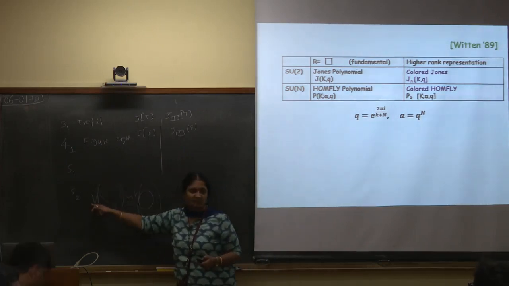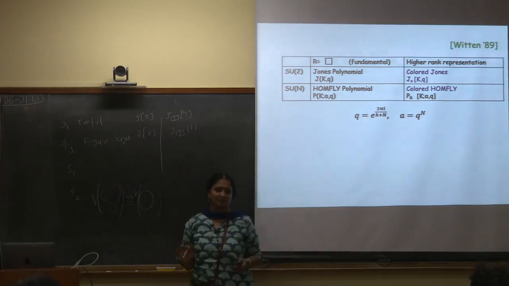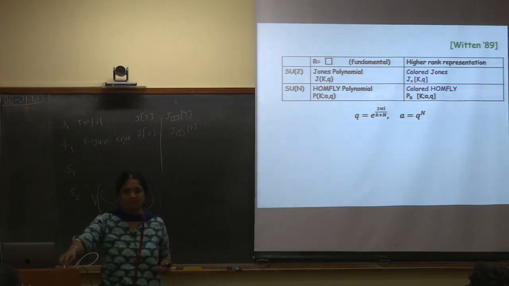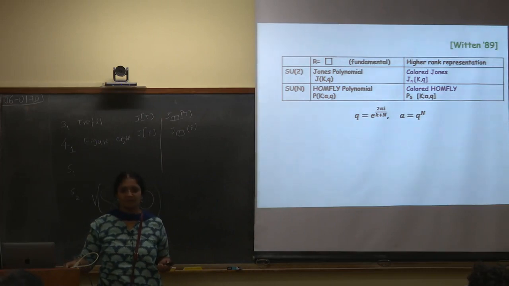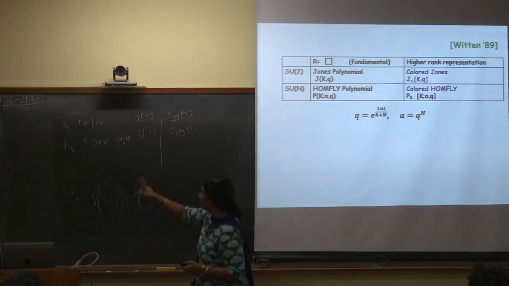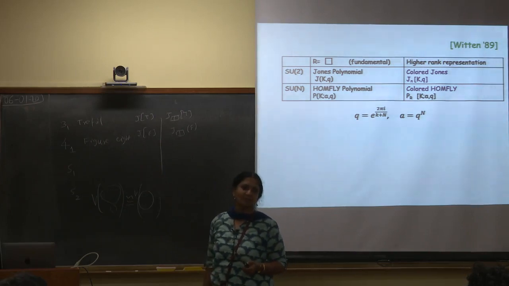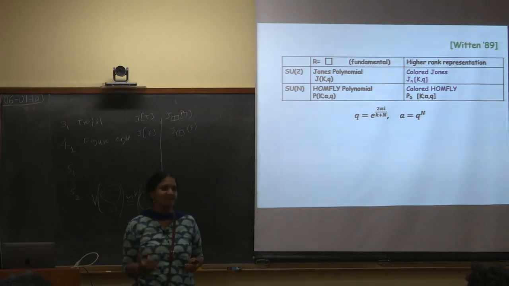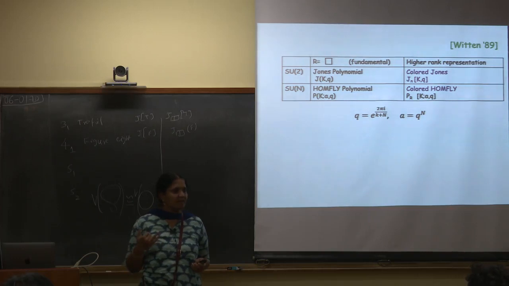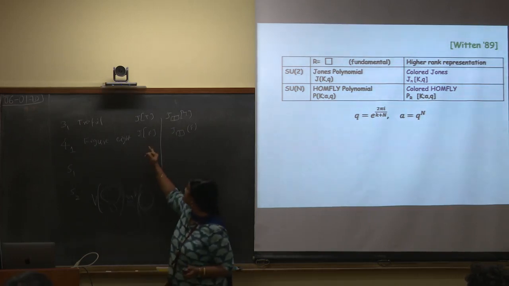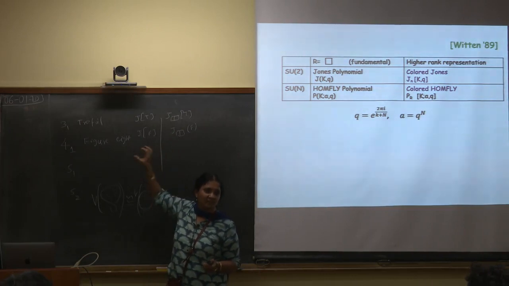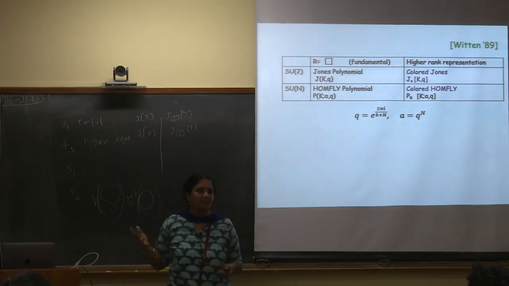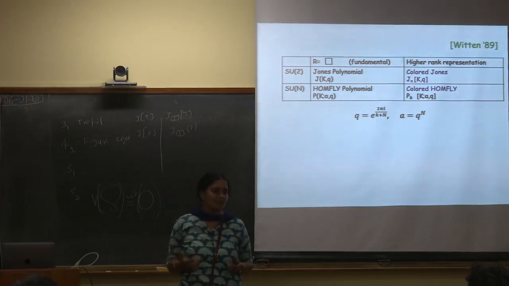Any two knots you give, in some representation they could be different. But even that we disproved for a class of knots called mutant knots, but let me not get into it. But at least it improves the classification. By classification I mean the one-to-one onto map is getting improved within Chern-Simons theory, because you can change the gauge group, you can change the representation, and then if in a gauge group and some representation two knots which are distinct have the same polynomial, in a different representation or different gauge group they will be different. So that way it is improving the classification.